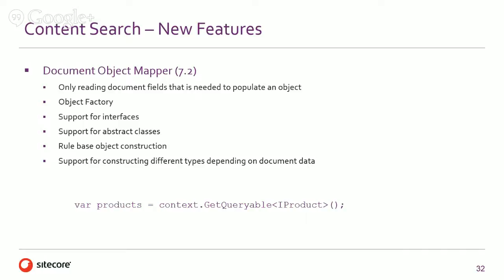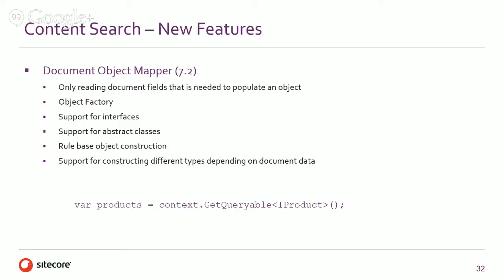But if there is a flag in the document saying this is a highlighted product, we can actually return a new class for you. So you can return a highlighted product or important product or whatever you want to do. So you can act on the data that's in the index and construct different objects out of it.